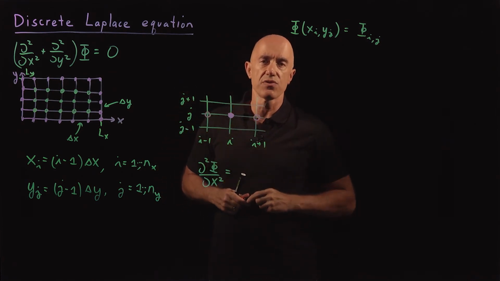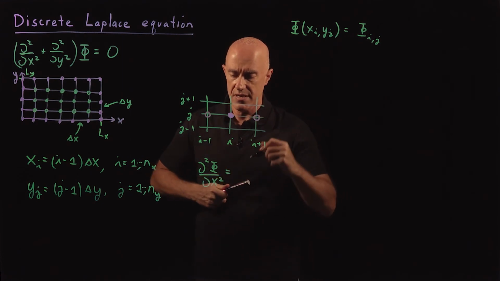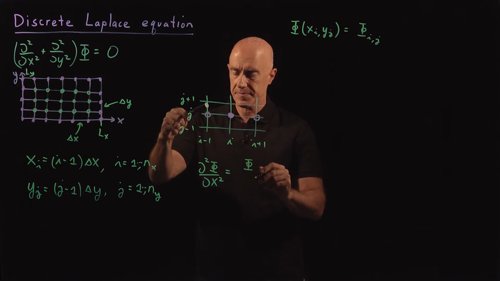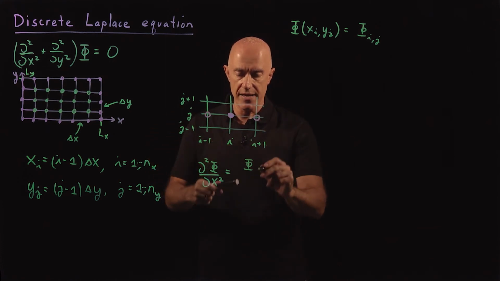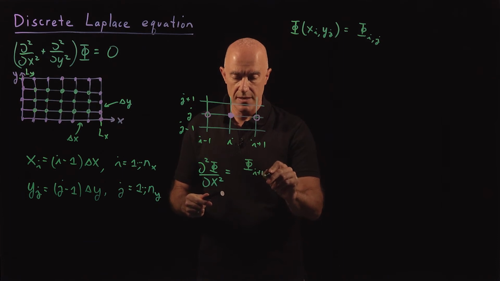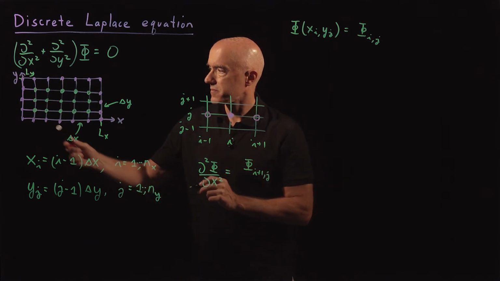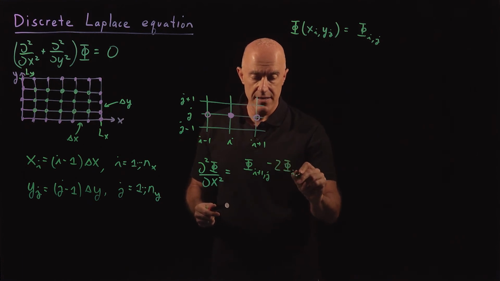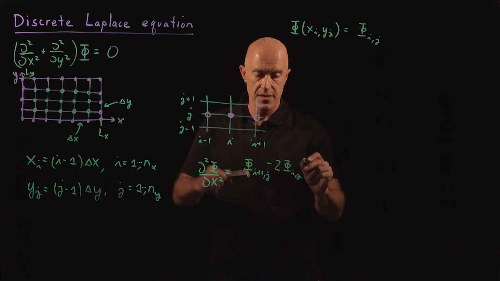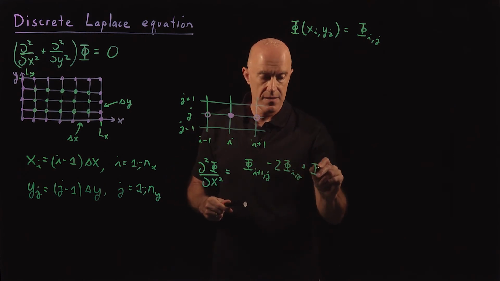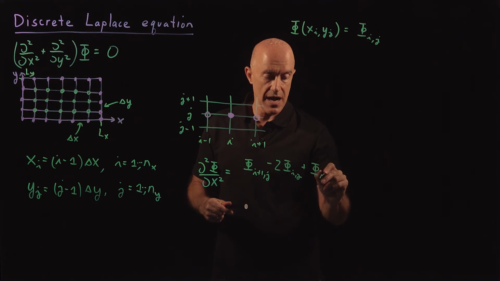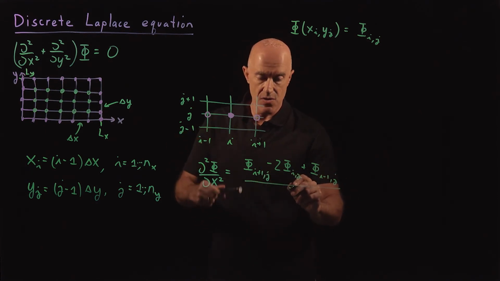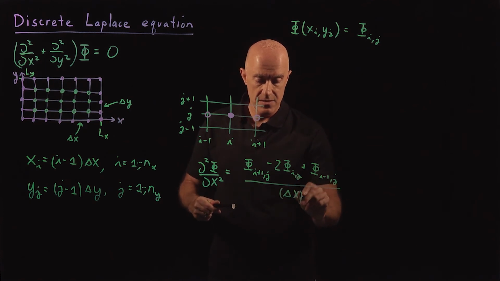And if we use our derived central difference formula, then this becomes phi of, let's start from the right, i plus 1 comma j minus 2 times phi of i comma j, twice the middle point, plus phi at i minus 1 comma j divided by our delta x squared.